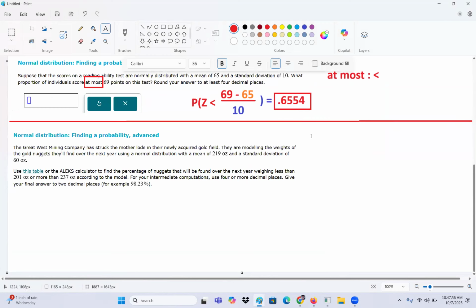So this is advanced. Just write up the mean first. The mean was like 219, and the standard deviation is 60.